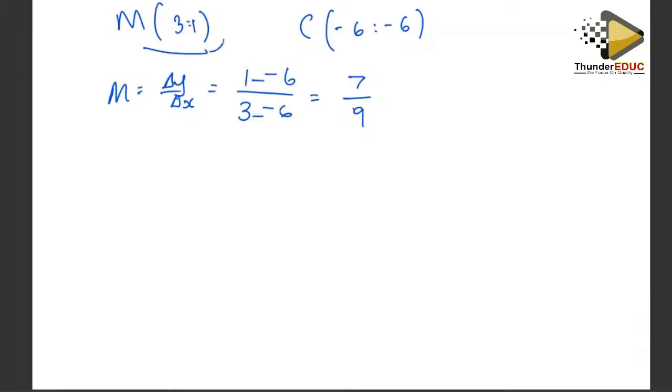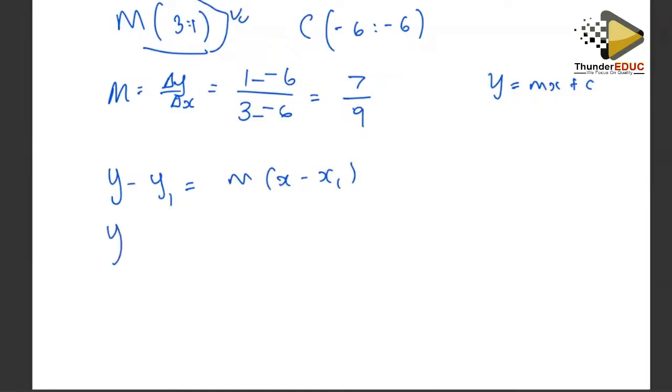Then let's use this point. Some people prefer to use the mx plus c. They look for the c. I prefer to use y minus y1 is equal to m into x minus x1. I'm going to use the point M. So it's saying y minus 1 is equal to our m, which is 7 over 9 into x minus 3. We open this up.